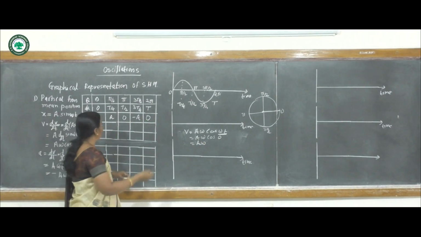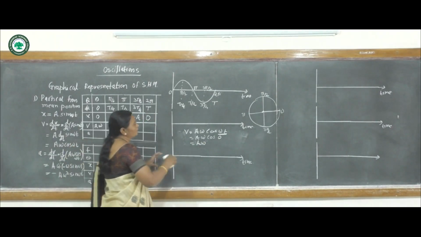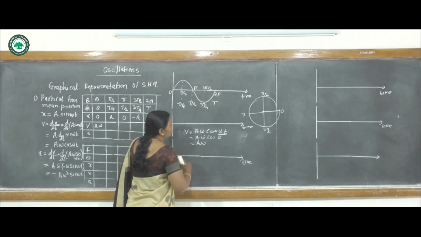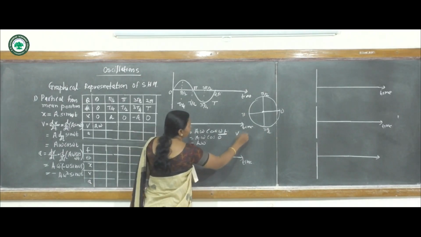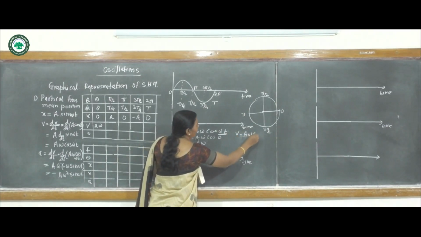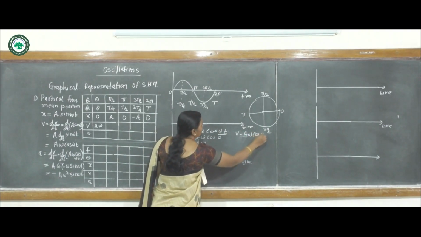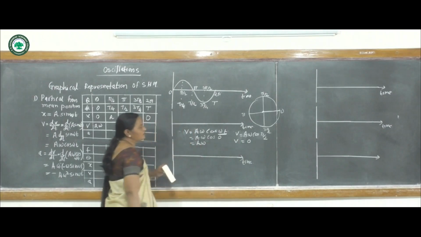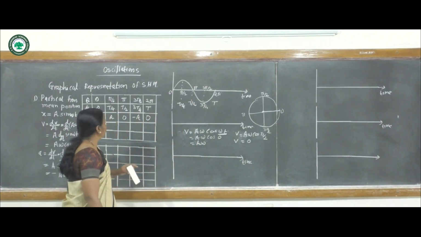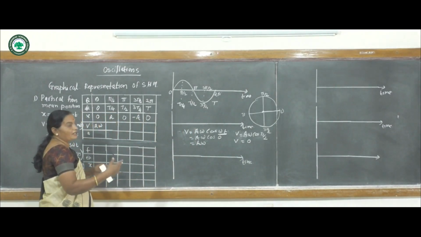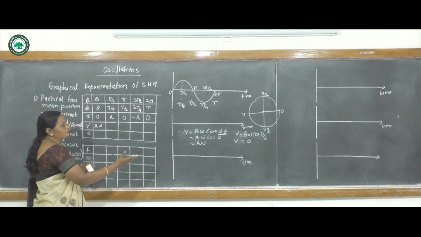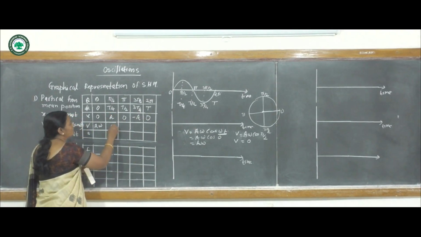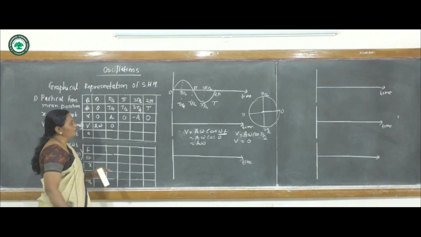Now the next value, that is π/2. v is equal to a ω cos π/2, that is 0. That is, velocity is 0 at π/2, at the extreme position, velocity is 0.